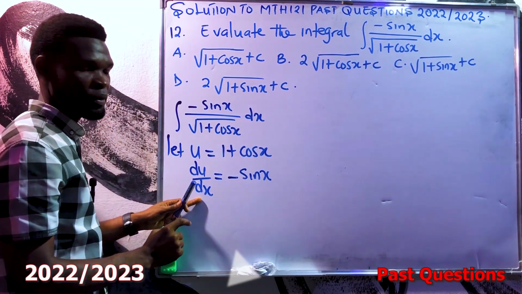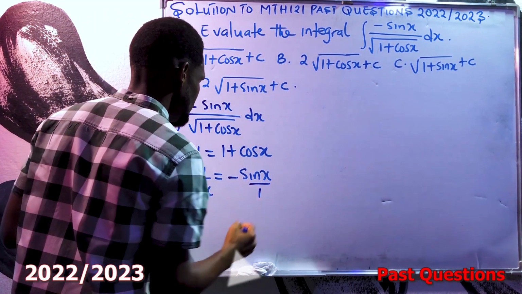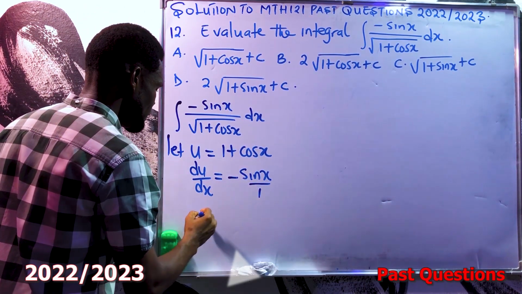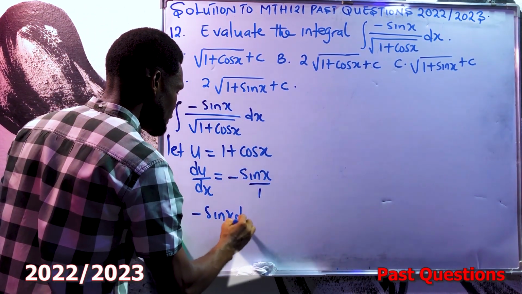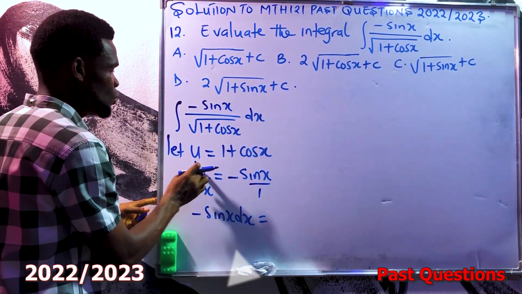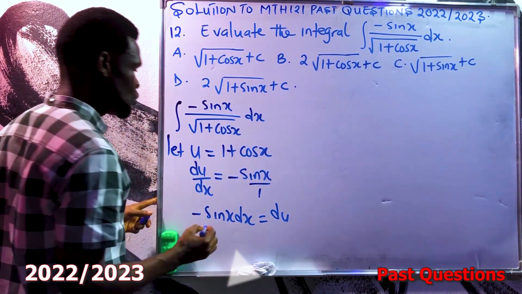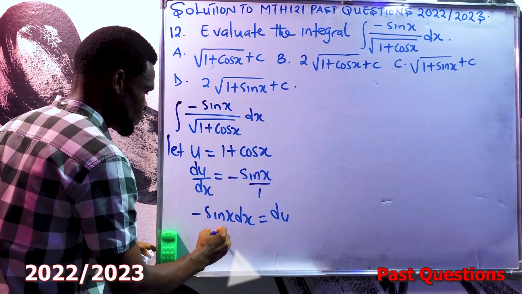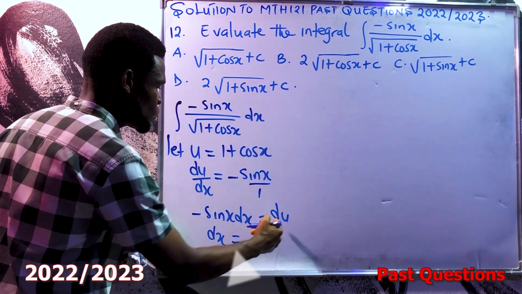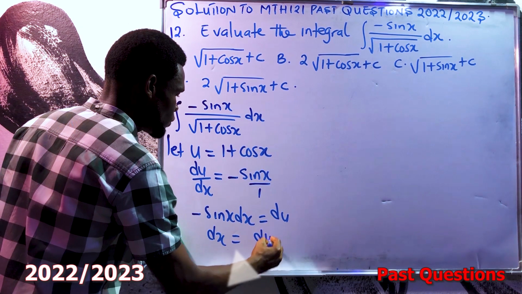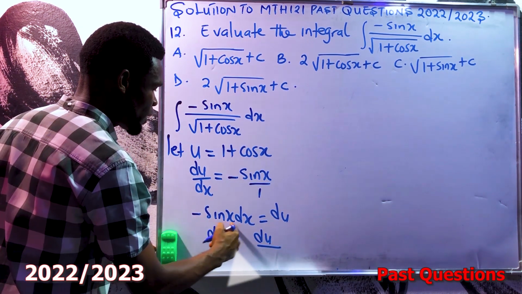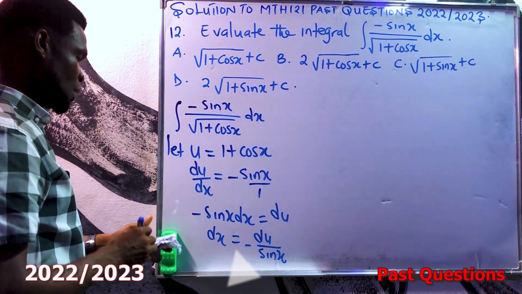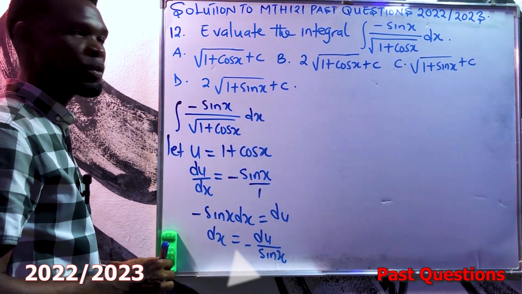All right, so let's cross multiply. dx times minus sine x is minus sine x dx equals du times 1, which is du. Next, I make dx the subject of the formula. So dx is equal to du all over minus sine x. So I have made dx the subject of the formula.